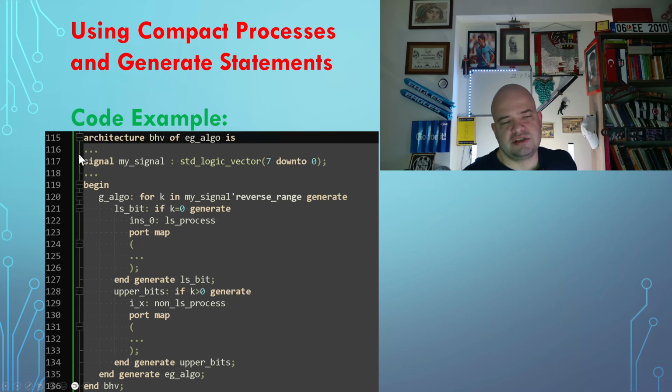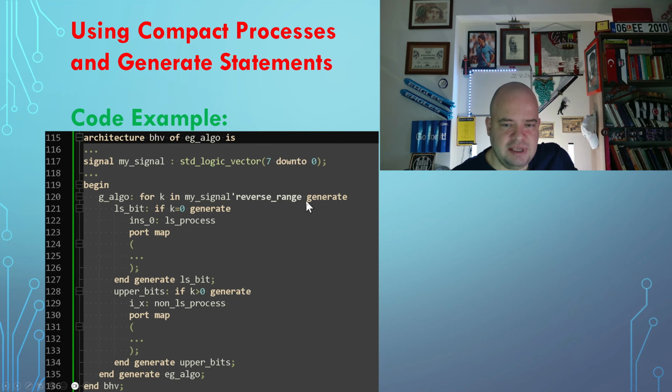I just mentioned that with 3 dots here. So there are also, of course, other signals, constants or attributes there. But we have a signal called my_signal, whose size is 8 bits, 7 down to 0.